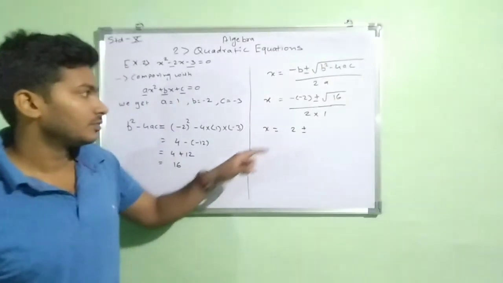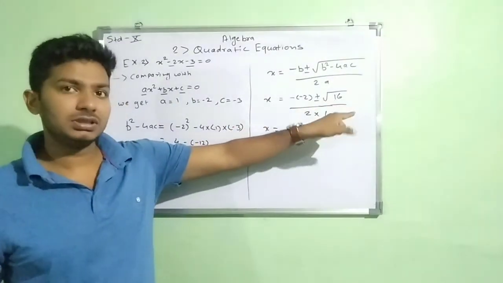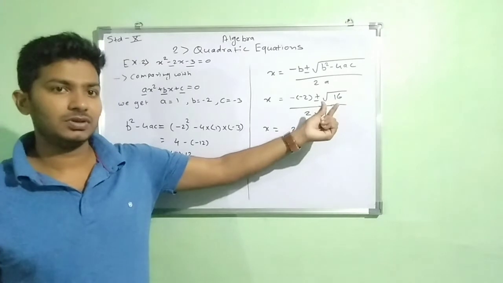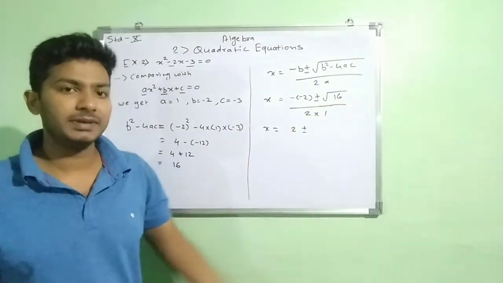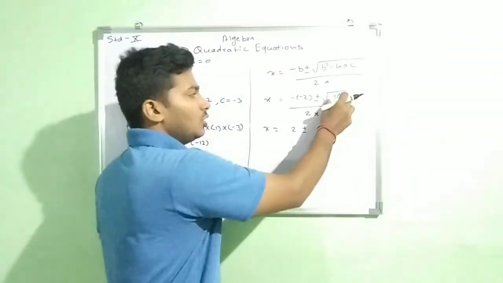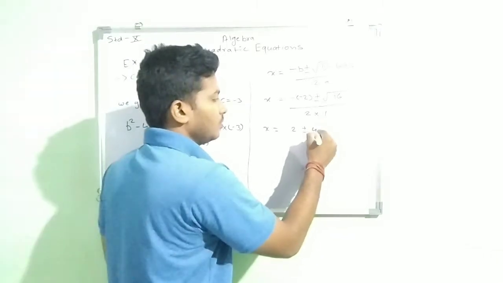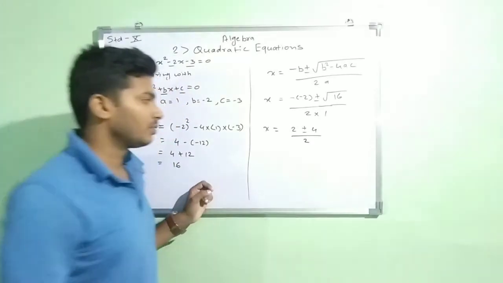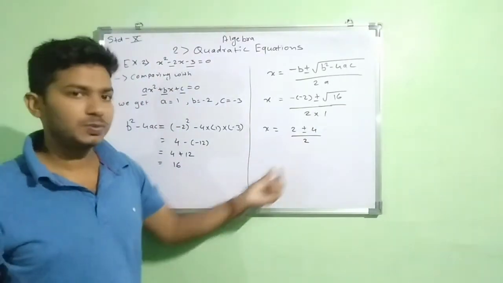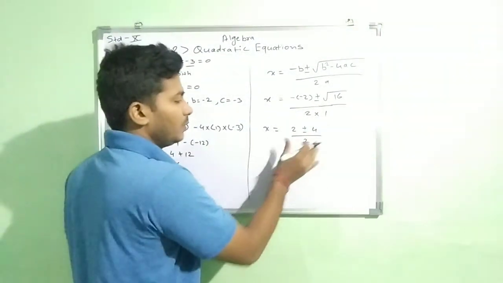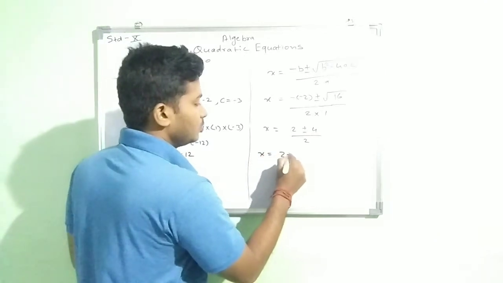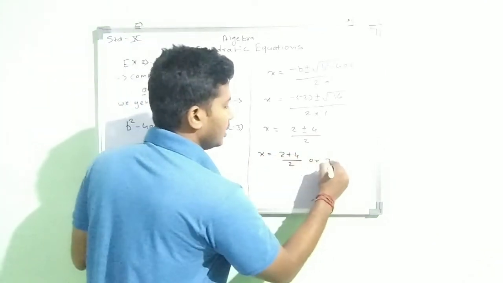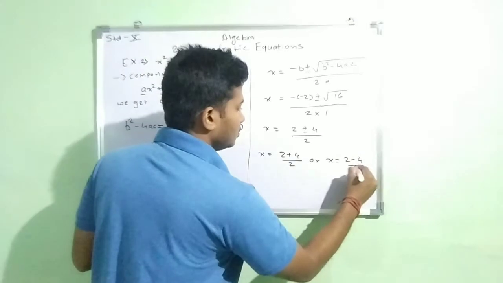Now look here, under root 16, we know the square root of 16 is 4 because if you multiply 4 by 4 it will become 16. So square root of 16 will be 4 divided by 2 multiplication 1 will be 2 only. So here again we have to split our value of x. So x will be equal to 2 plus 4 upon 2 or x is equal to 2 minus 4 upon 2.